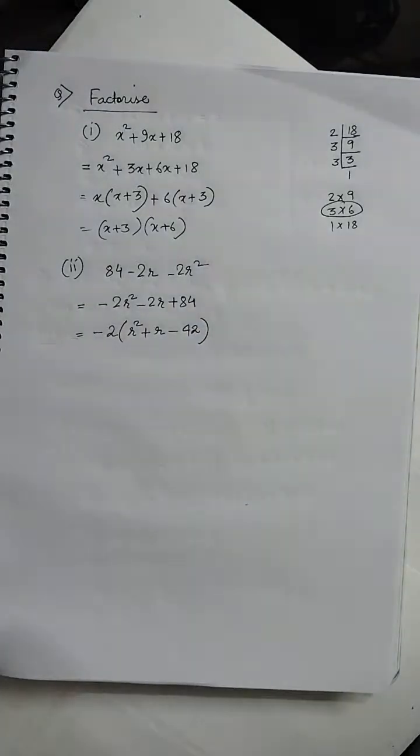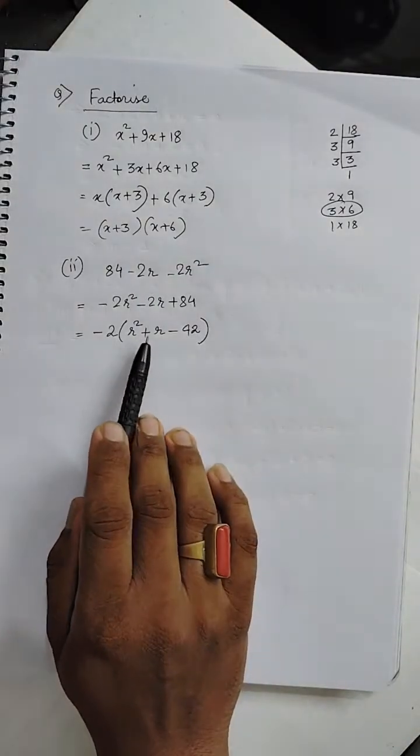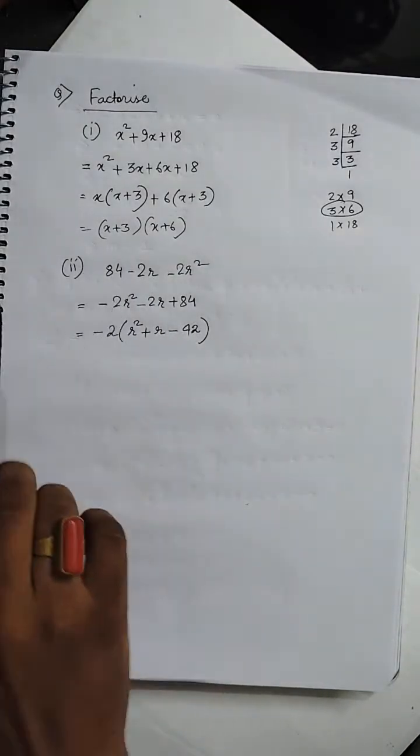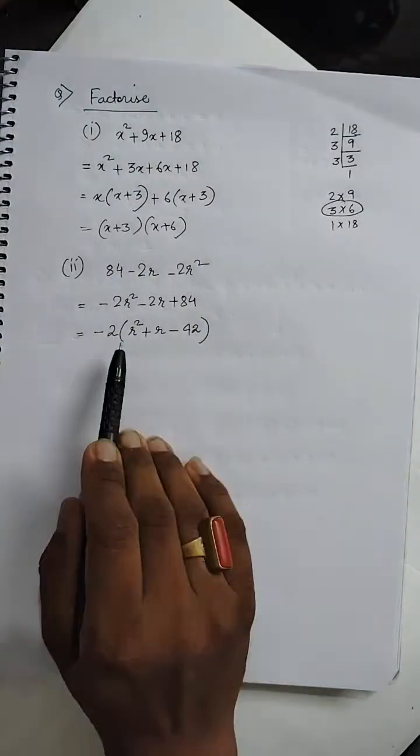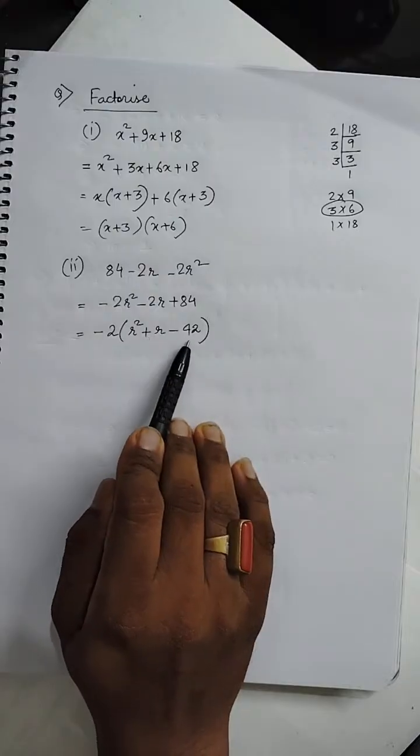Okay. So let's see. Now for a few steps we have to ignore this minus 2. We will consider this as the polynomial. So we have r square plus r and minus 42.